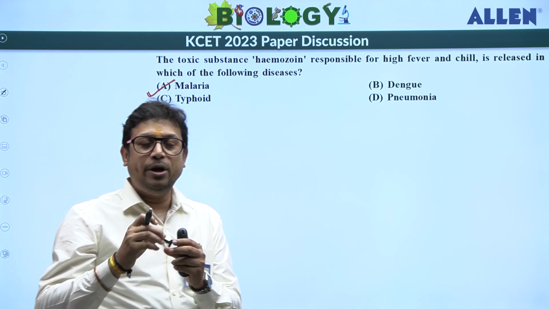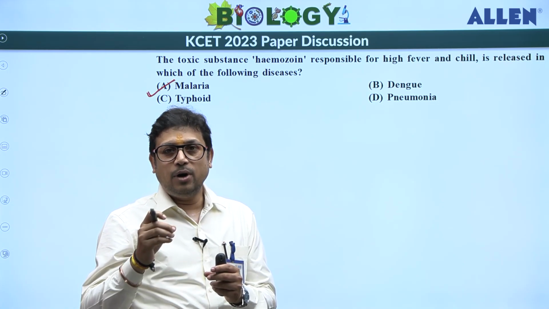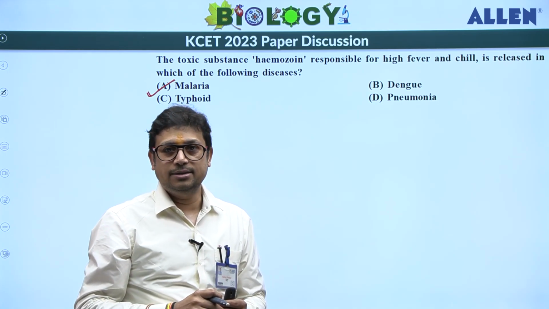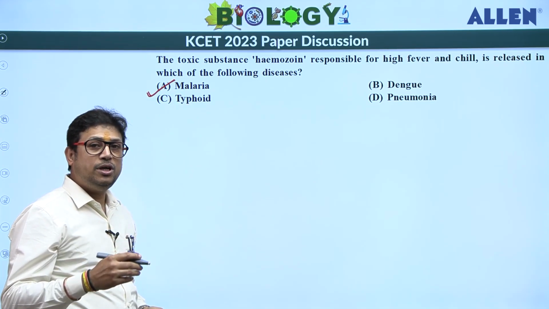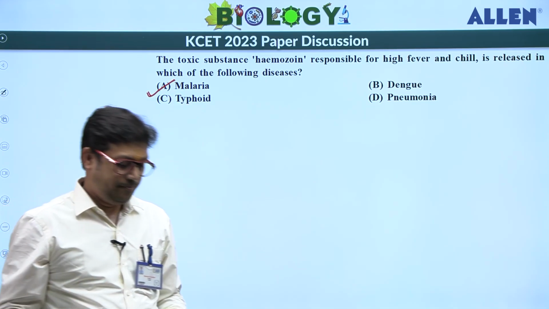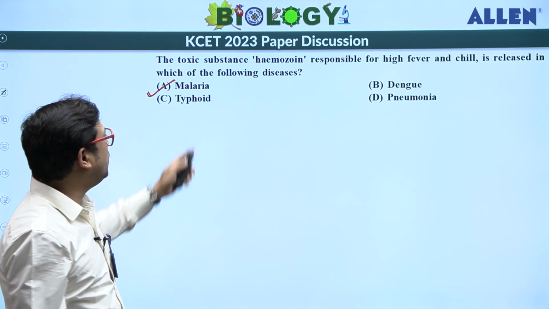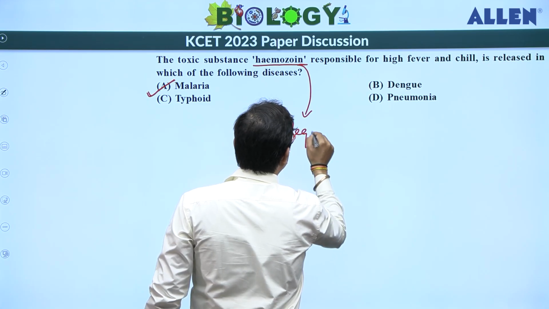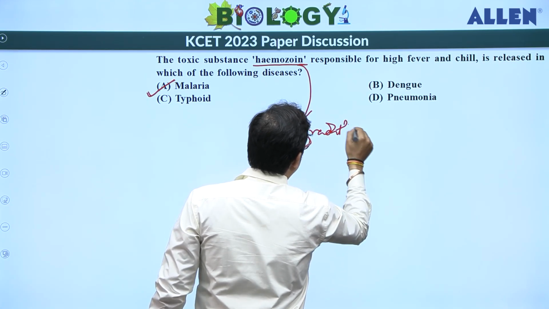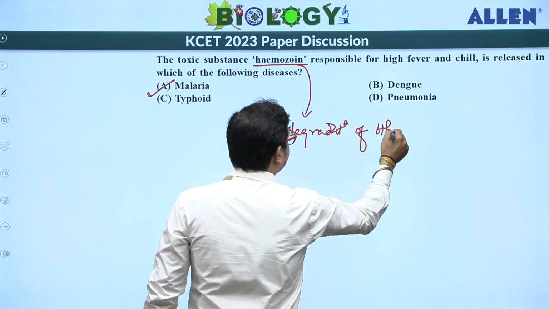When the hemoglobin is eaten, hemozoin will be released. That happens in malaria and this hemozoin granule causes fever. So this is the product of degradation of hemoglobin.